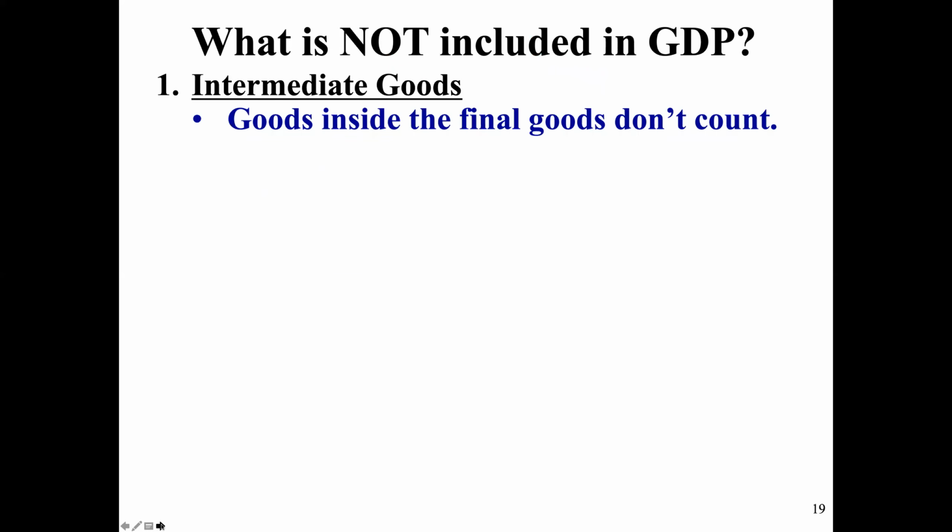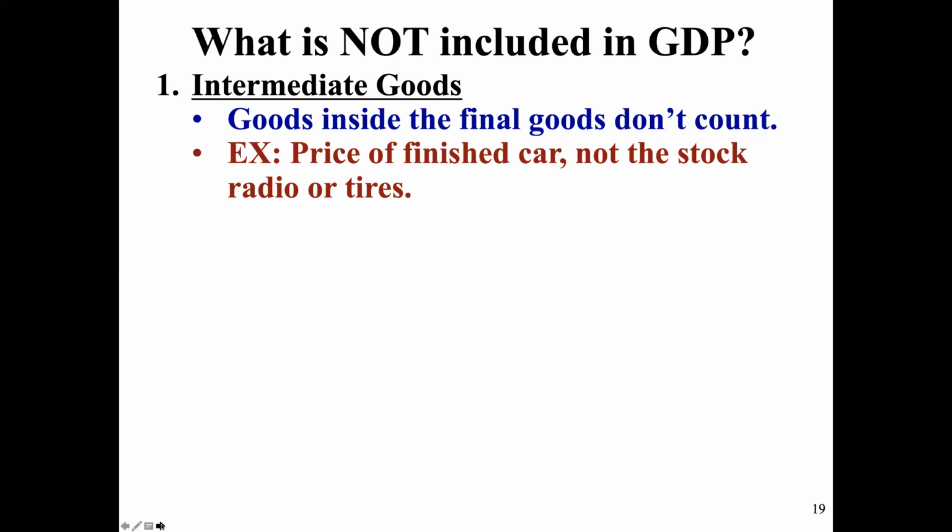Okay, so we're going to talk in more detail about what is in GDP, but let's clarify what's not in GDP. When we're looking at the GDP of a country, we're not going to include intermediate goods. Intermediate goods are goods inside final goods. So we would include the price of a finished car in GDP, but not the stock radio or tires in that car.